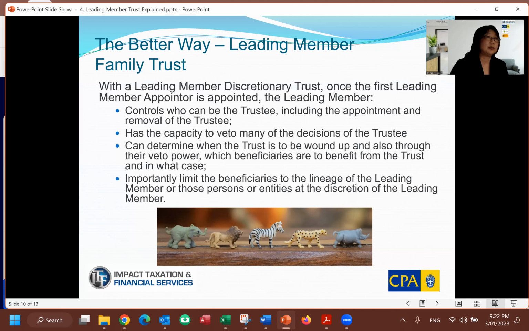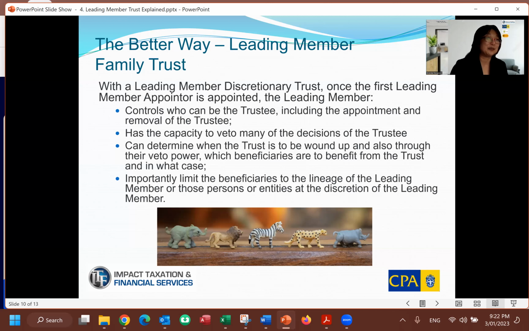So this is really important. The leading member will have the main power. That will be the person behind the scene, the most powerful person behind the scene. And this person will make sure that all the family wealth kept in the family trust will be kept within the family and is not going out to non-blood related family members, or basically to limit it within the family that the leading member wants to distribute any benefit to.